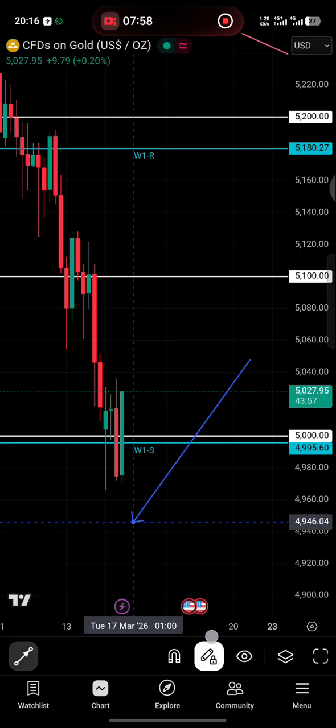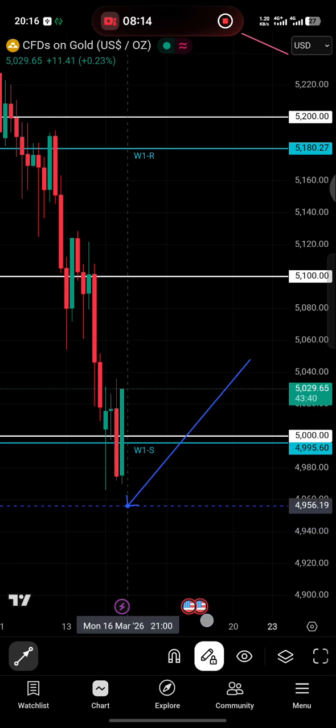Because the big money never allows the small money to win over them. Only on some occasions will they allow the small money to win a few small positions per day, right? But they will never allow retail traders to achieve big wins easily.